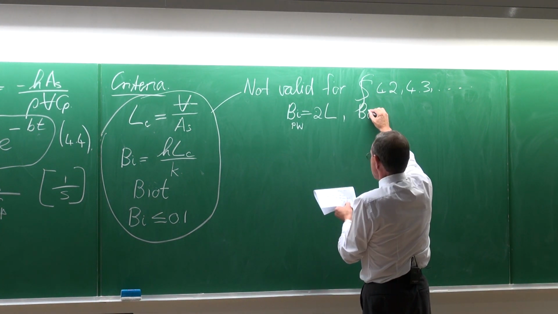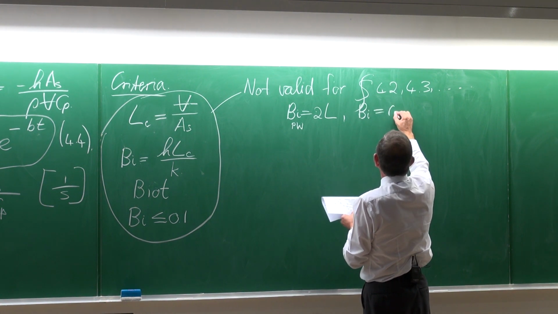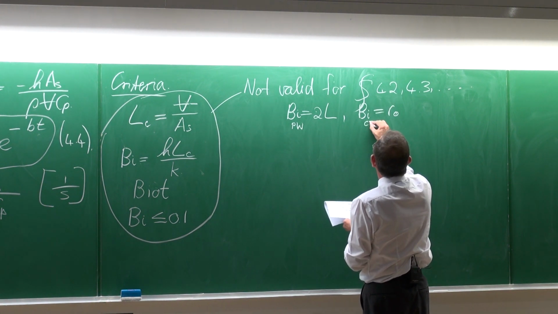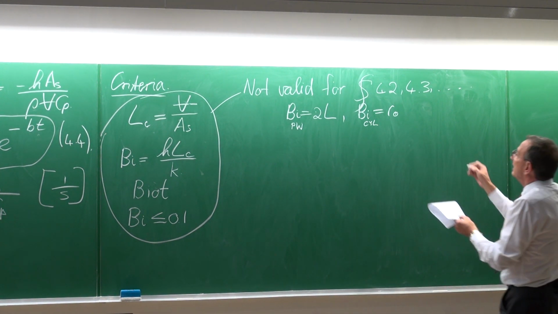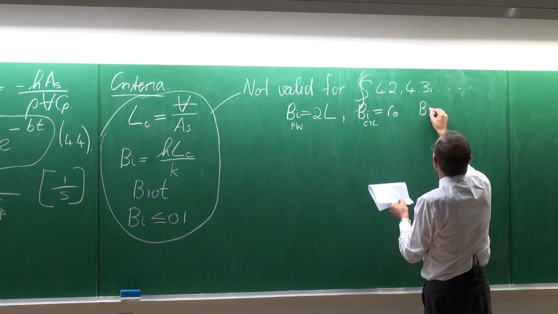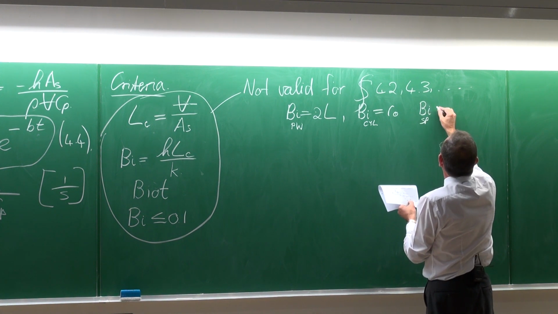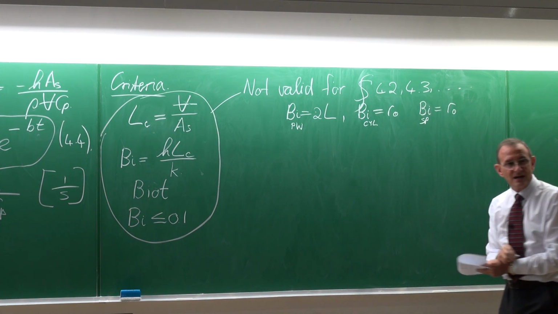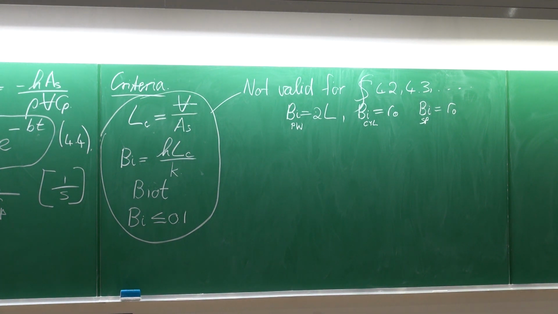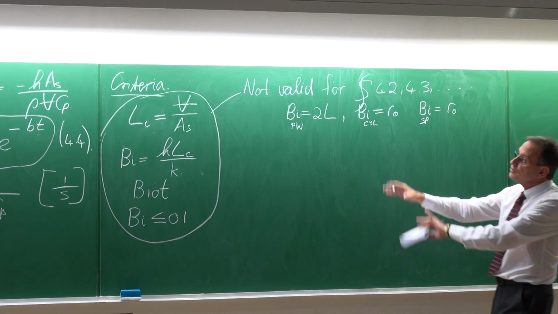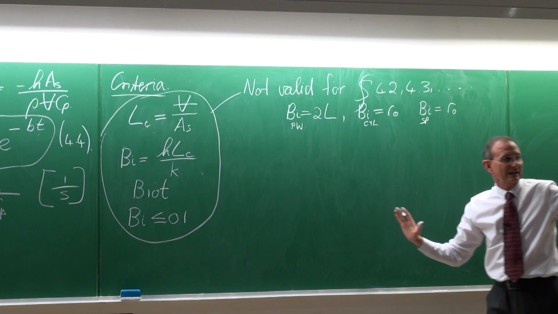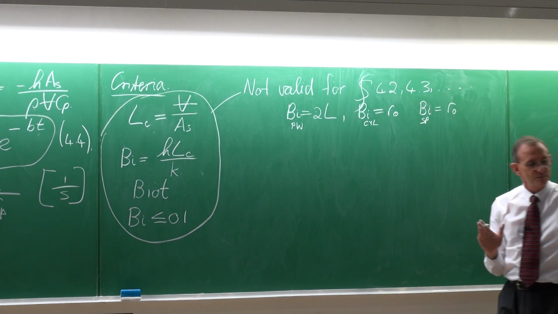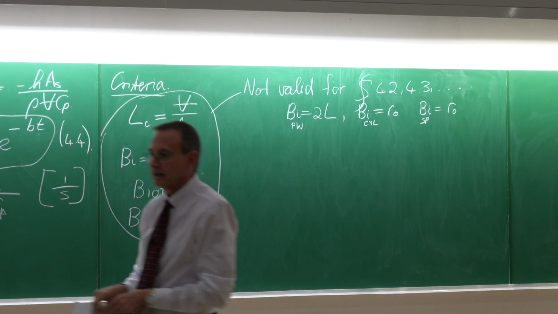For a long cylinder, it is going to be the radius. And for a sphere, also it's going to be the radius of the sphere. So please use this definition for this approach only and never afterwards again. Please be careful that you do not do that.